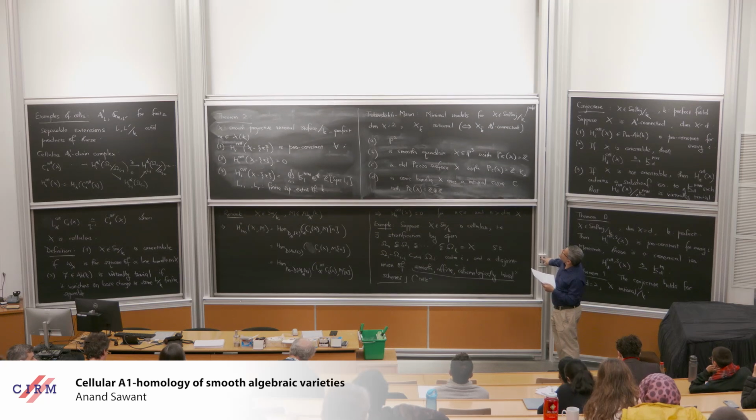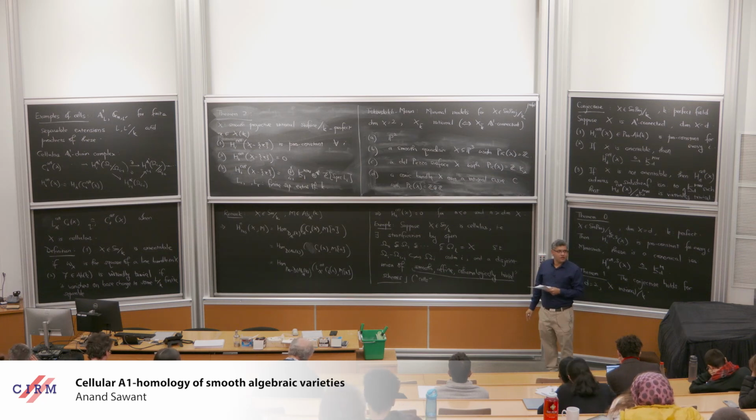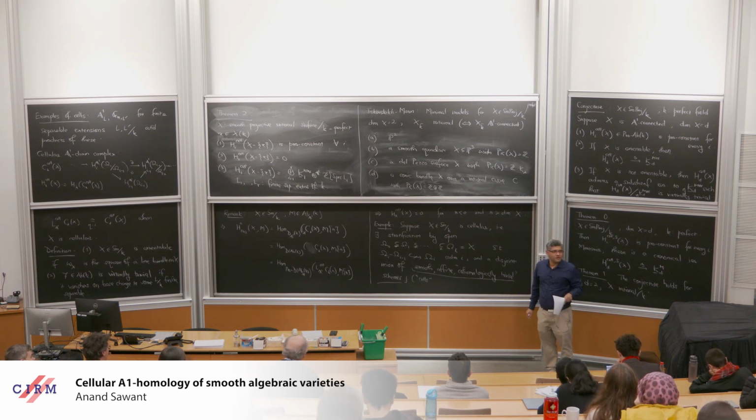So these are minimal models for geometrically rational. When you demand that X is rational over the base field, then these will be further specialized. When you demand that X is rational over the base, it's A1 connected, and it implies that X has a rational point, and then these will get simplified.